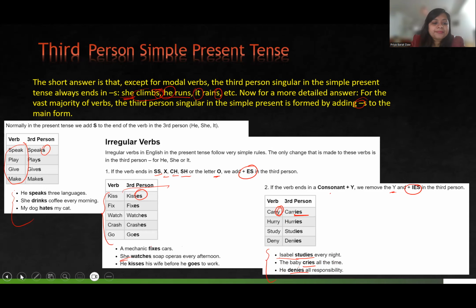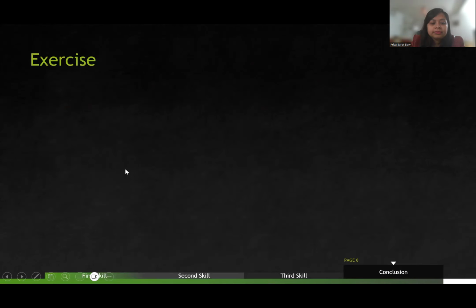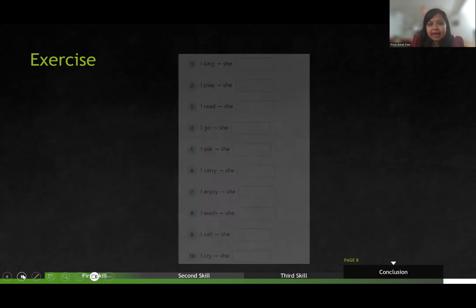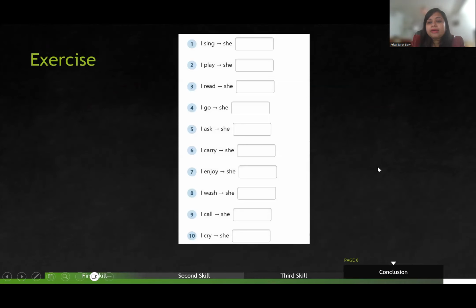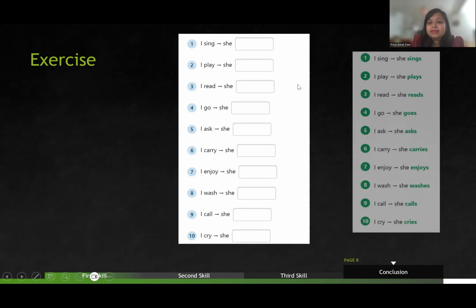Remember. Okay. Now let's do some exercises related to our topics. Here, I sing. For the third person, if we use she, what will the answer be? If here it is I sing, then it will become she sings. We use s at the end because we are using third person she.